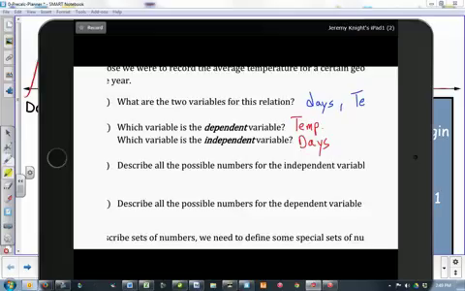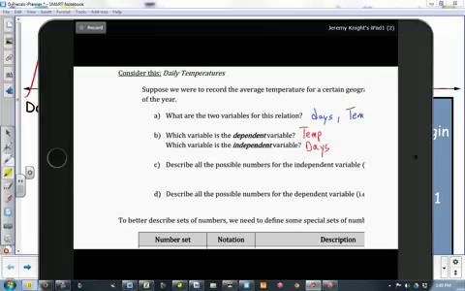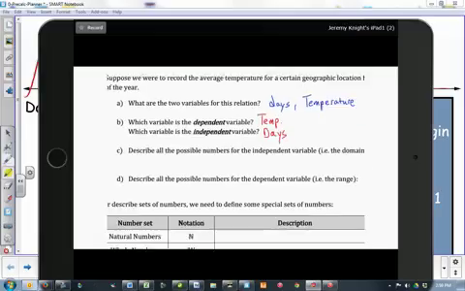So let's think about this. What are all the possible numbers for the independent variable, the domain? What kind of numbers can we use for the days? 1 through 365. Can we use 1.5? No. We're not going to say that on day 1.5 the temperature was... It's day 1, day 2, day 3.